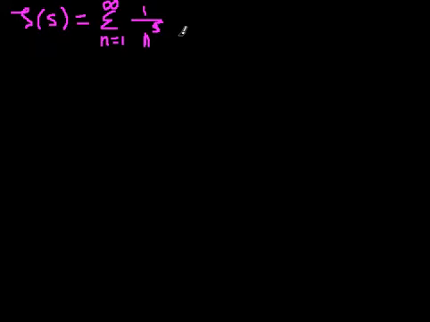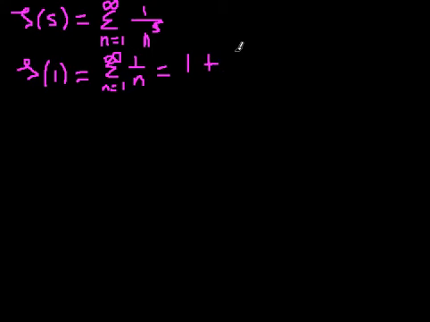Now let's look at some specific values of the zeta function. So zeta of 1 is just the sum from n equals 1 to infinity of 1 over n, because it's to the first power. So this is just 1 plus 1/2 plus 1/3, and so on and so forth until infinity.